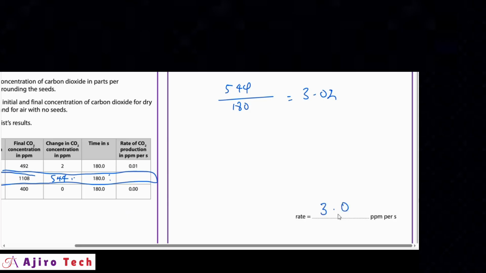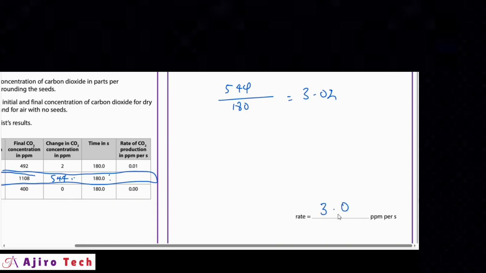We can get the result from the table. If you compare the difference between the initial and the final, for respiring seeds it is 544. Meaning that respiring seeds produce the highest concentration of carbon dioxide. So let's write that.